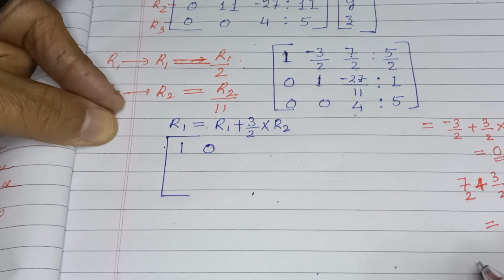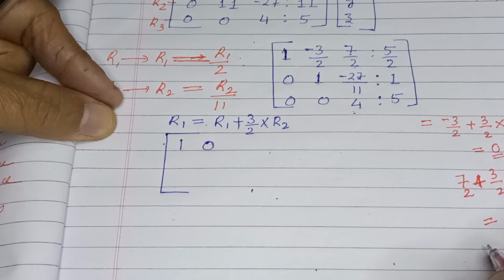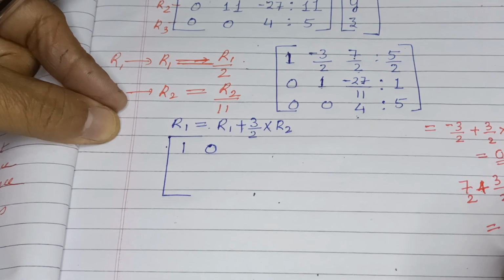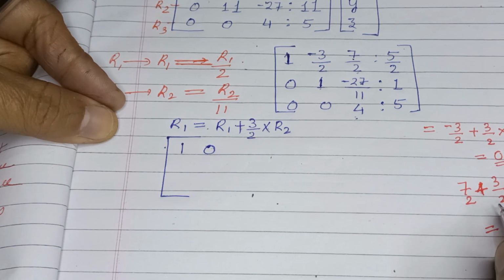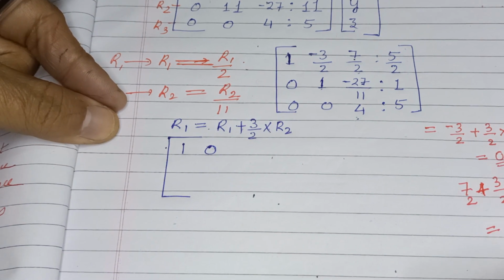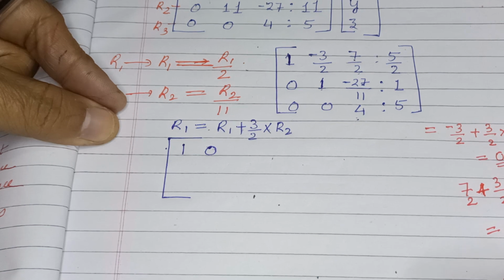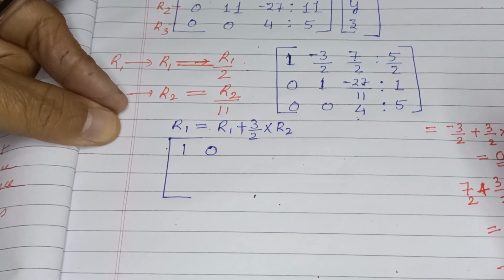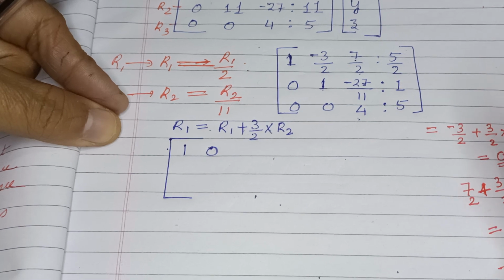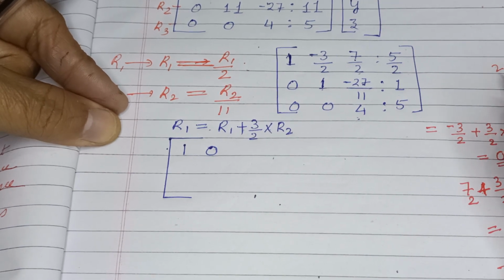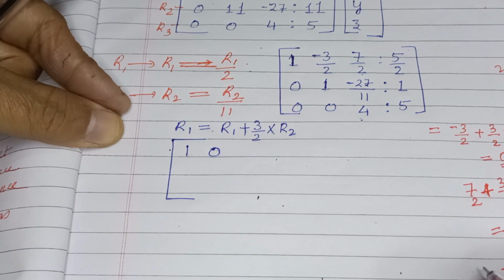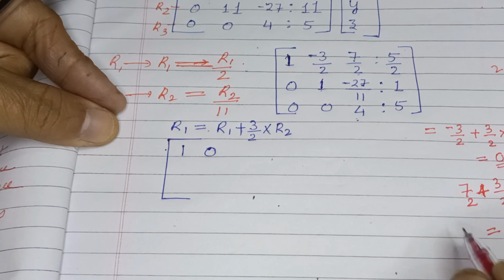You can just check it out if you are not convinced with what I got. Here you can simply multiply this one, and obviously you get 22 down, then on the top you multiply 27 by 3 and you get 81.